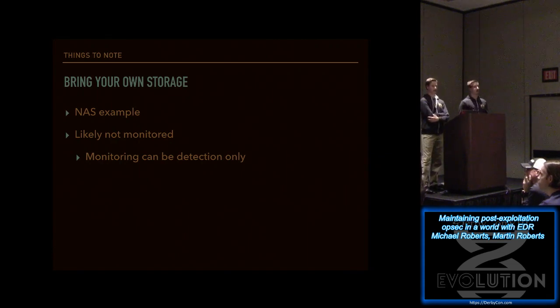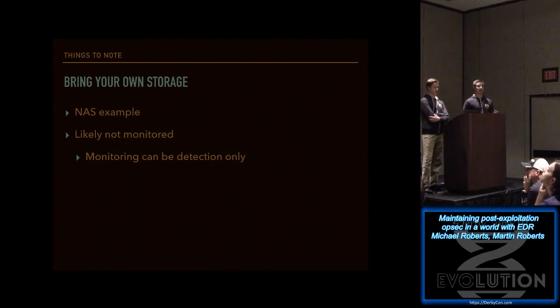If you're on, just say, a compromised Linux host, and you want to avoid writing to disk on that host because you're afraid it could be monitored, or people could be looking at it, why not mount an NFS share and write to that? If you write to it and then access it from that Linux host, it's very unlikely that they're monitoring new NFS shares.